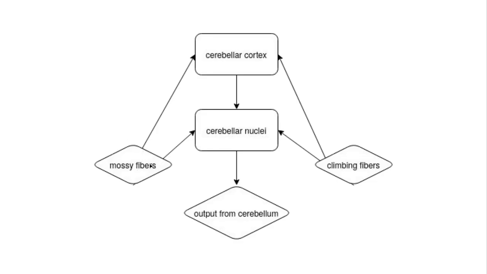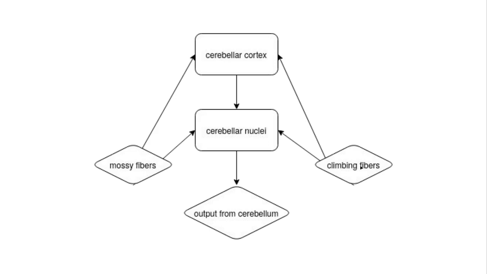And then we get these two types of inputs that are coming into the cerebellum. Mossy fibers, these are sensory inputs from the periphery of our nervous system, and motor commands. So in these mossy fibers, the information is about the state of our body and what our bodies will be doing in the next coming seconds.